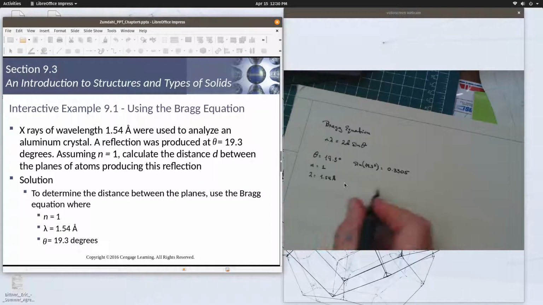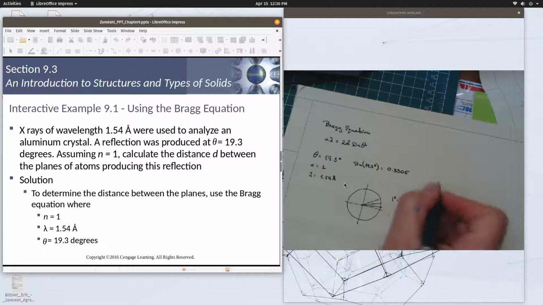The difference between degrees versus radians, just in case you forget, is the following. A degree is if I took the circle and cut it up into 360 segments, one segment is 1 degree. That is 1 over 360 of the circumference.